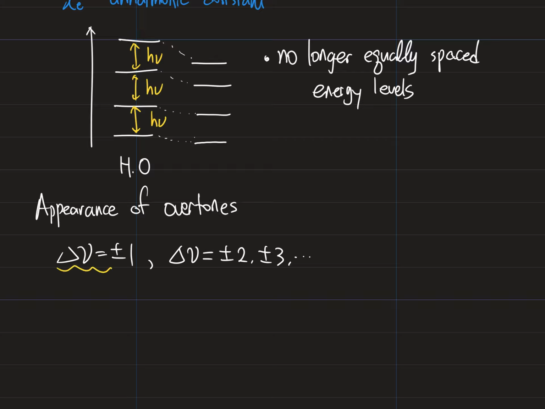As I mentioned, this is from the ideal harmonic oscillator, so we call this band the fundamental. This is the strongest band, which means this is the strongly allowed transition. And as I mentioned, for the absorption, the transition from v equals 0 to v equals 1 takes the largest portion of this band.